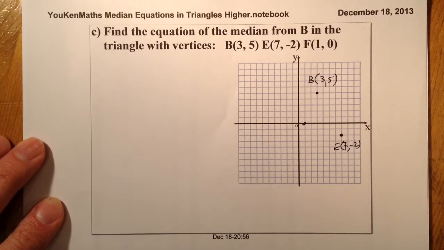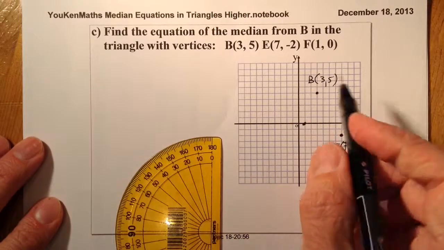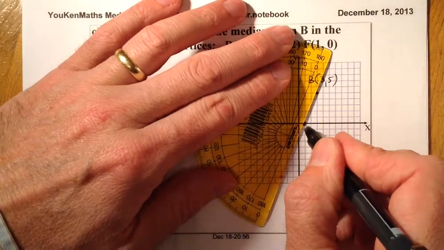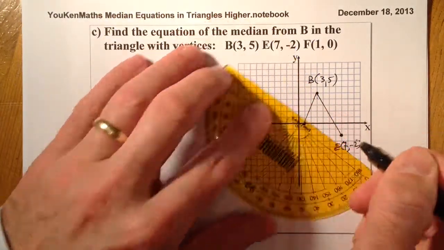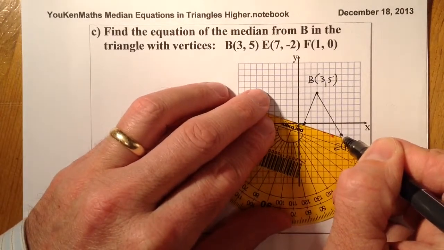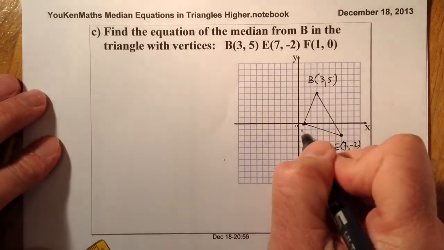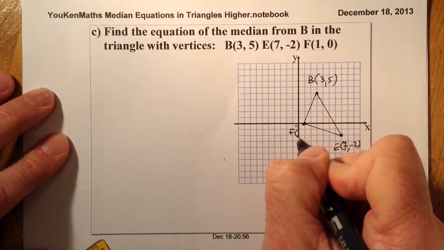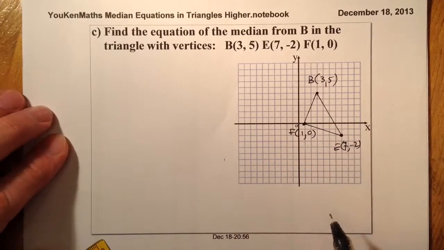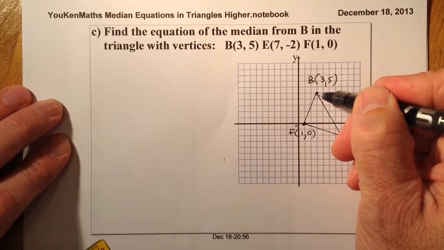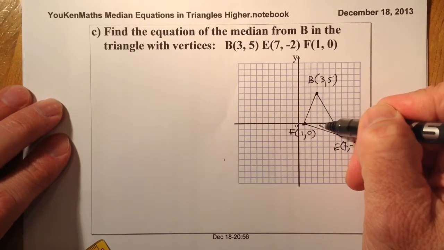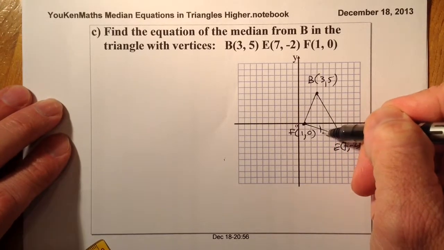Right then, so let's go and solve this one. Okay, and what we'd said here, this was the point F, wasn't it? That was 1, 0. Okay, it's a median that's coming from B, so if I put my pen on the point B, it's a line that's going to be coming across to this side of the triangle here.